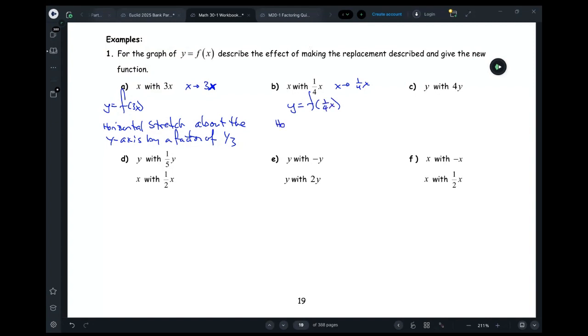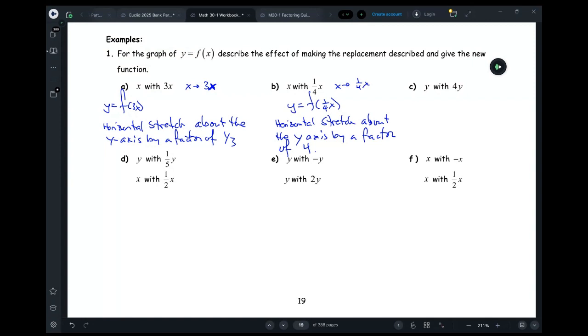And this is going to be a horizontal stretch about the y-axis by a factor of, in this case, again, I'm reciprocating that stretch factor, 4. When you get that x by itself, the last thing you're going to do there is reciprocate or divide by 1/4, which is like multiplying by 4.